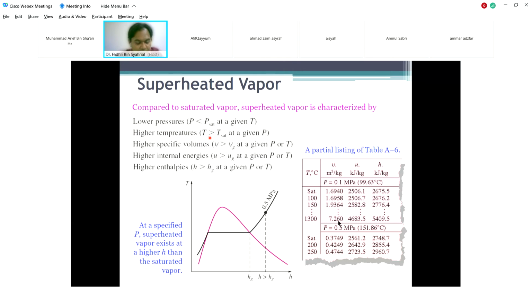It has higher temperature than T sat. So here this is T saturation. The temperature of superheated vapor is somewhere here, so it is higher than T sat here. Third, it has higher specific volume than VG at the given P or even T.